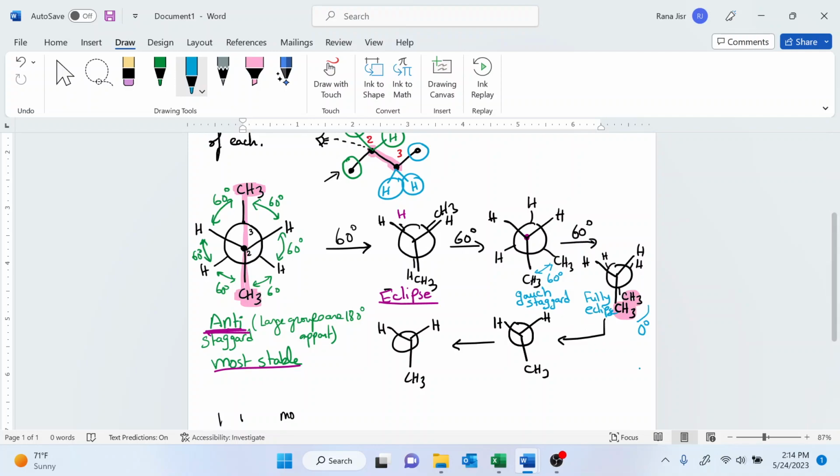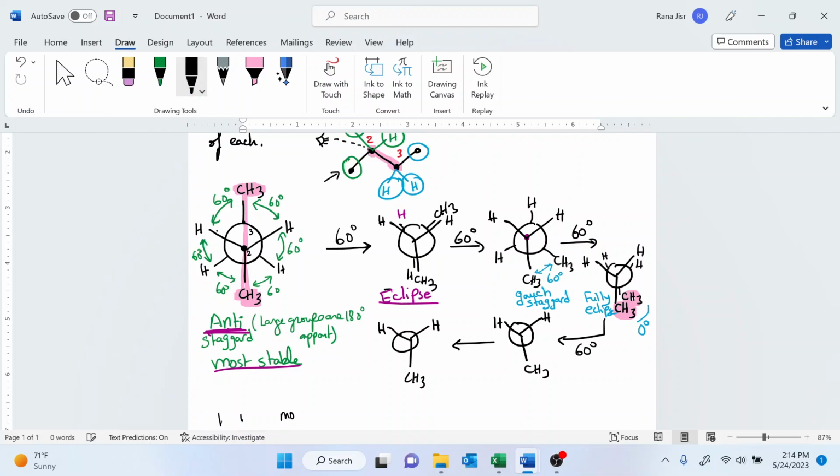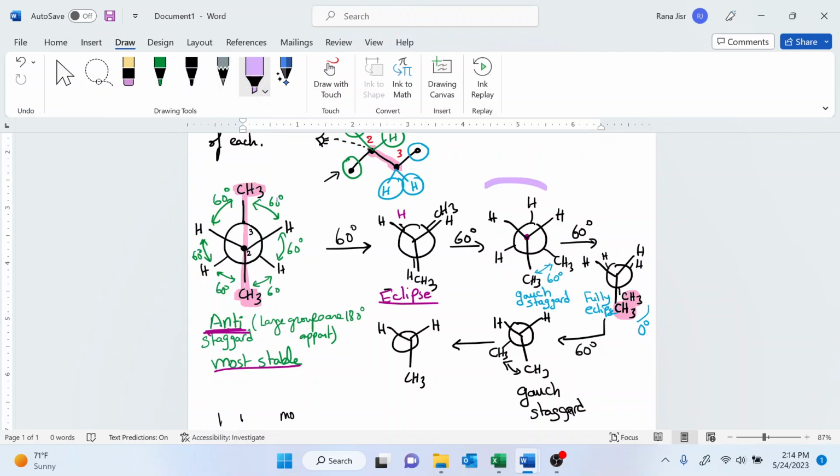Let's move on. Now go ahead and rotate another 60 degrees. Rotating another 60 degrees is going to end up having our CH3 now being here. We're going to go back to the gauche. So see, this is again gauche staggered. And with the gauche staggered, let me highlight here. So see this one?